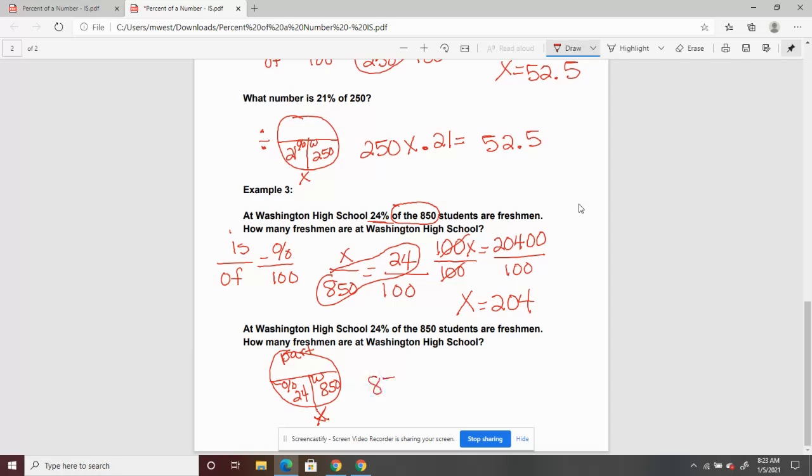So you've got 850, change the percent to a decimal. That means you move it 2 to the left. And 850 times 0.24 is 204. And remember that you can choose any of those methods, or if you know another method on your own, you can try either one of those.